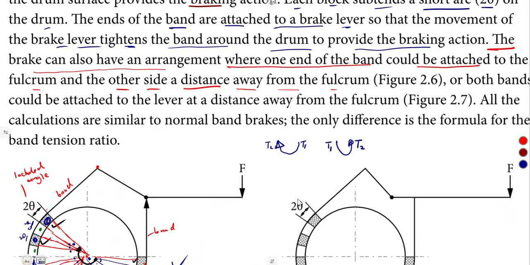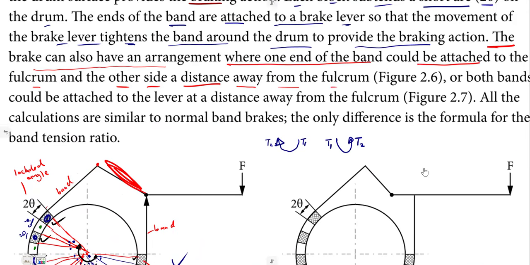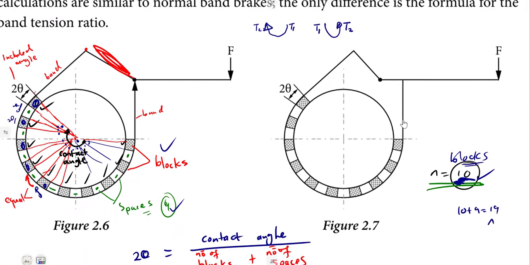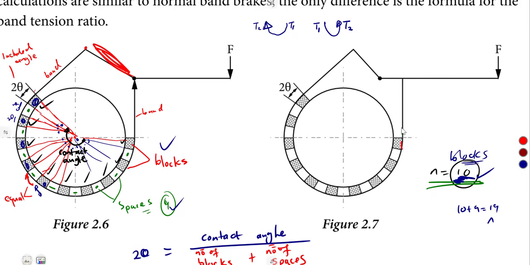A distance away from what? From the fulcrum. So that's what we have on Fig 2.6, which is different from Fig 2.7. As we can see, one band is attached not direct to the fulcrum, but a distance from that.